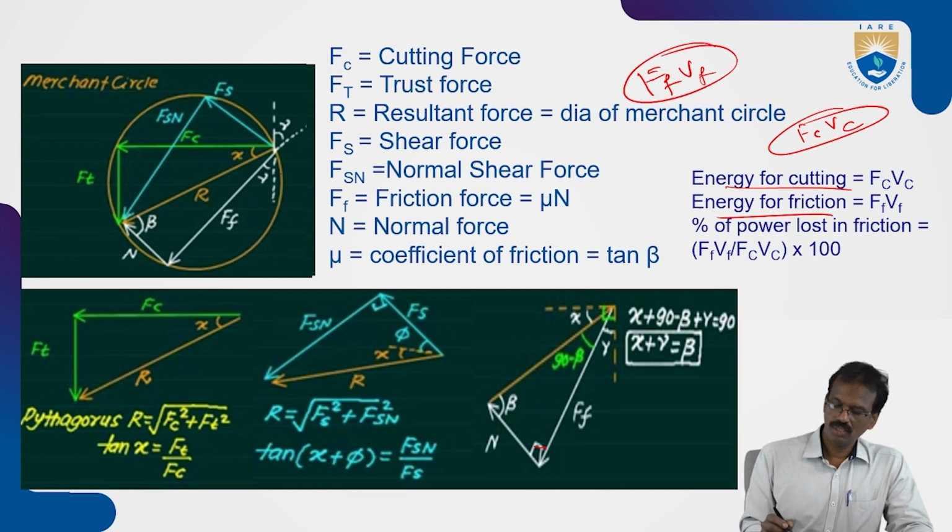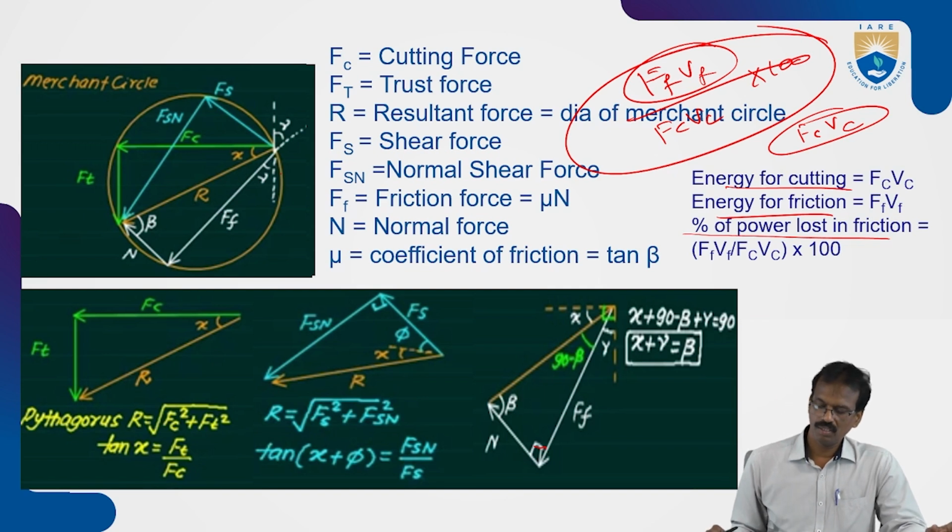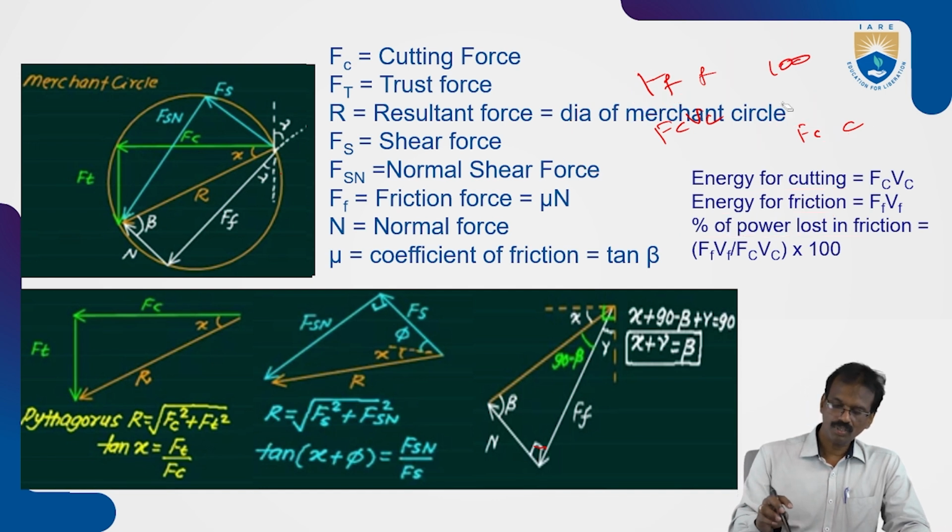Okay. Then the percentage lost is the lost force by overall cutting forces, Ff into Vf by Fc into Vc, into 100. Then you can find out the useful work done, or power loss in the friction also. You can find out this one. Okay, you can understand this properly.